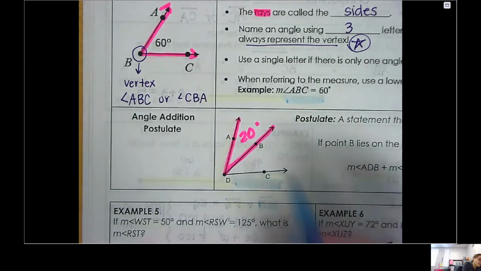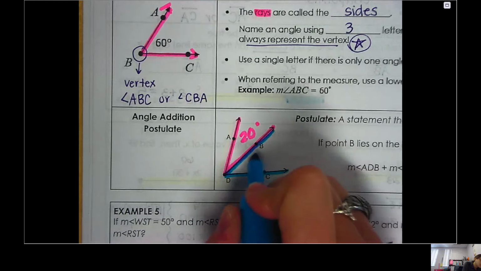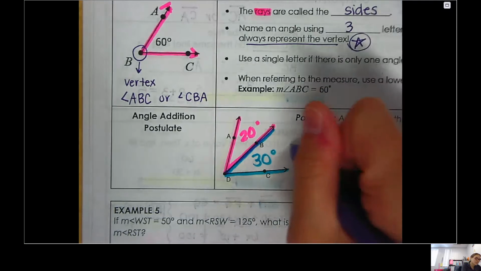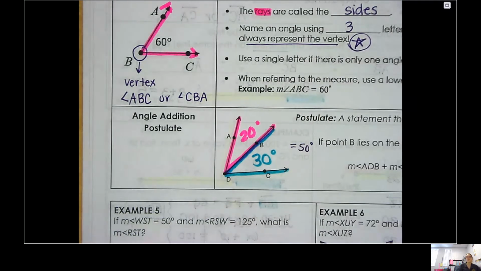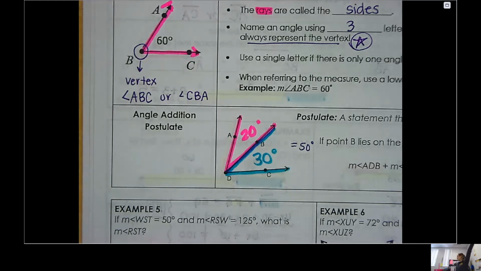And if I tell you that angle BDC is 30 degrees, what does that mean the whole angle ADC has to be? 50 degrees, right? You just add them together. So in total, it's 50 degrees. That's it. That's all this is. So you add the 2 smaller pieces together, and they should equal the larger angle. Yes?